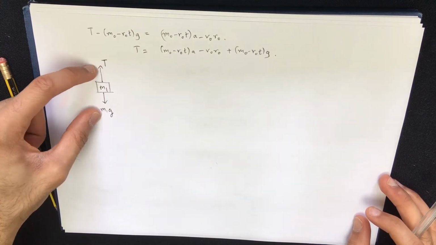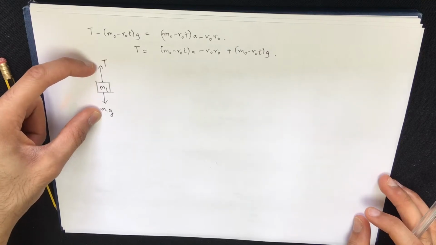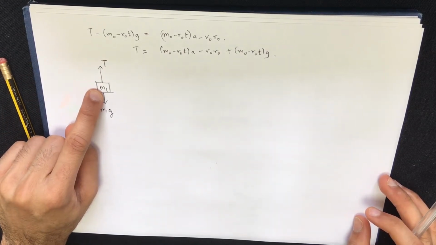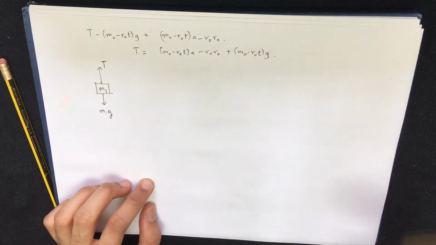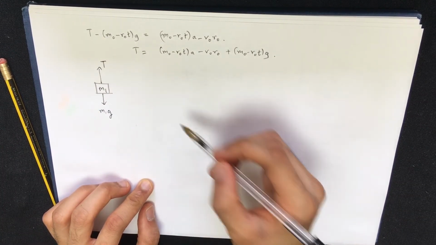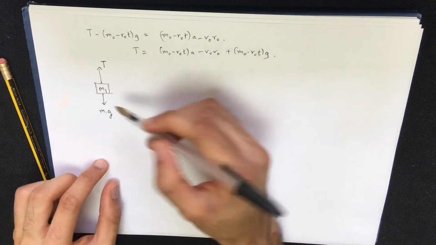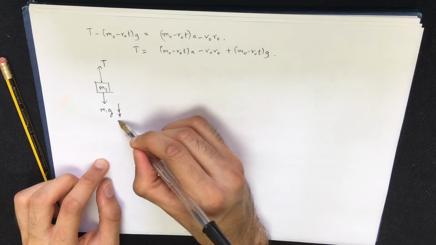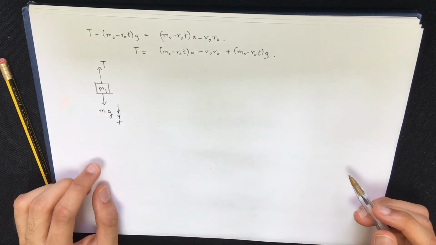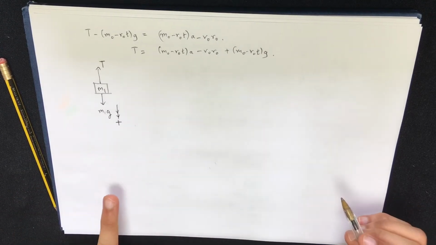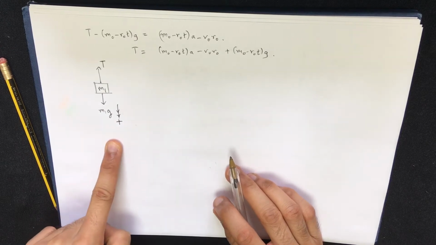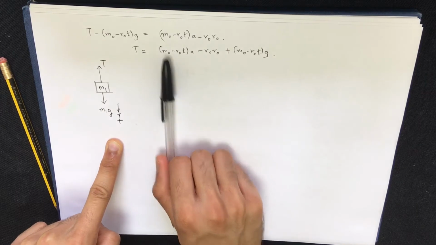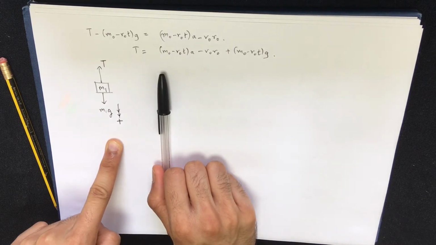In fact, the difference of these two forces is going to be equal to the resultant force on this mass over here, which is going to be equal to M1 times its acceleration, right? So we can write the equation of motion for this. I'm going to define this as the positive direction this time. The reason I'm defining this as the positive direction is because if you imagine the second mass accelerating upwards because of its rocket effect, then the first mass is going to be accelerating downwards at the same rate.